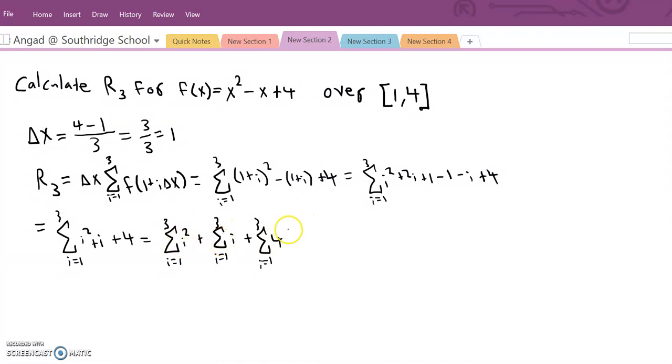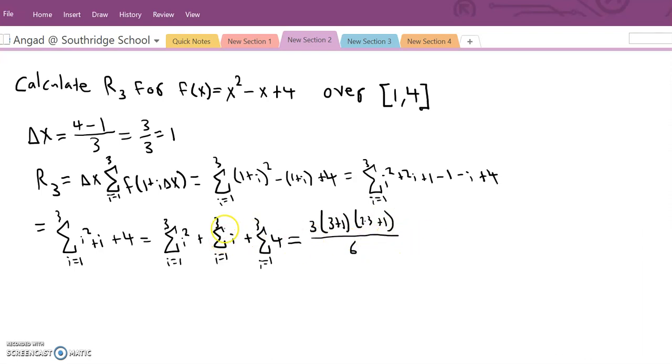And then these two here are our power sums with an n value of 3. So i squared, our power sum, is n times n plus 1 times 2n plus 1 over 6. So we'll write it as 3 times 3 plus 1 times 2 times 3 plus 1 divided by 6.